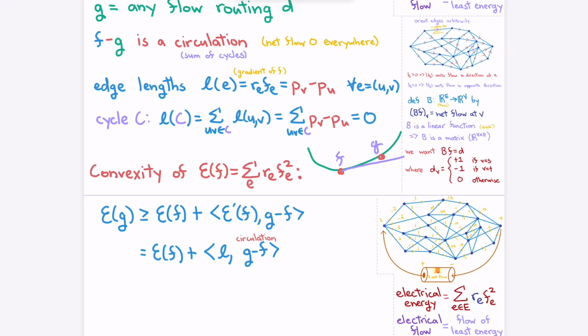You can find one cycle in your circulation and then rip out as much of it as possible, and now one edge is gone from the circulation because you're bottlenecked on some edge. You can gradually keep ripping out cycles from a circulation until there's nothing left. So every circulation can be written as some combination of cycles, and you get zero on every cycle. So you get that it's at least E of F.